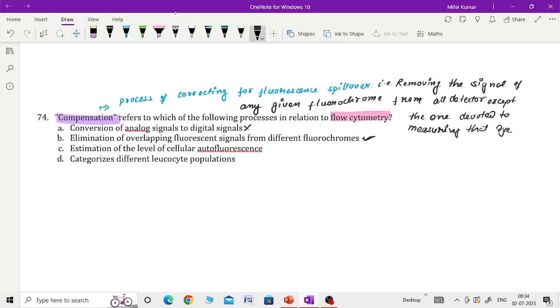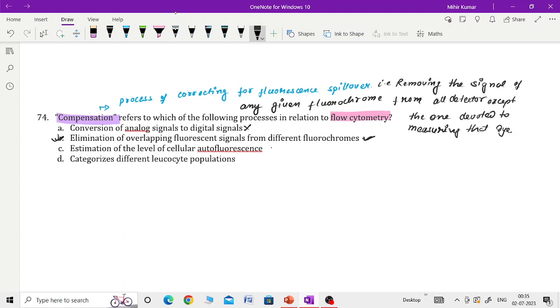Means the specific detectors, except the signal which is produced by that detector, they remove the other signal and eliminate it to reduce the overlapping fluorescence. Okay, B is the correct option for this question.